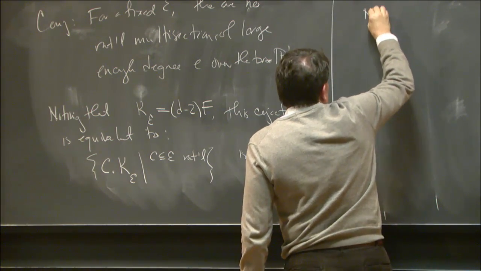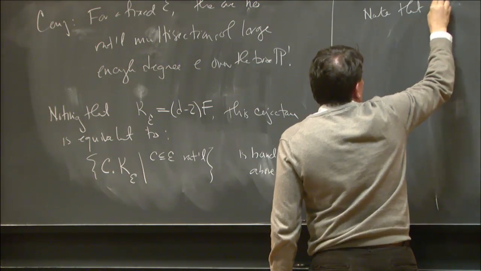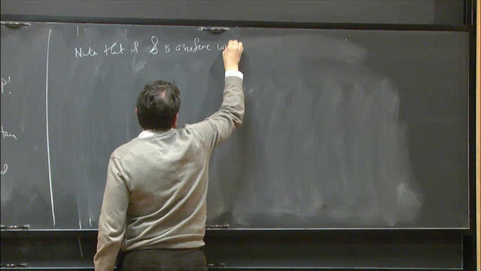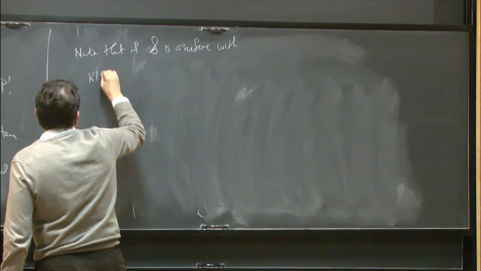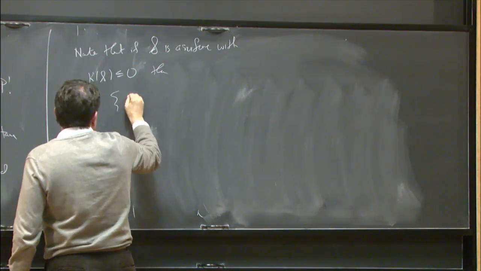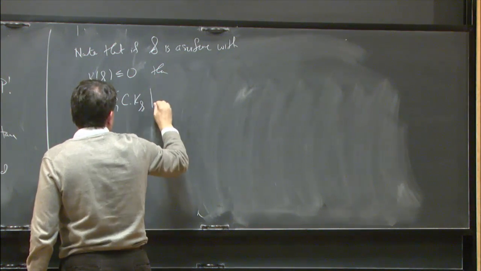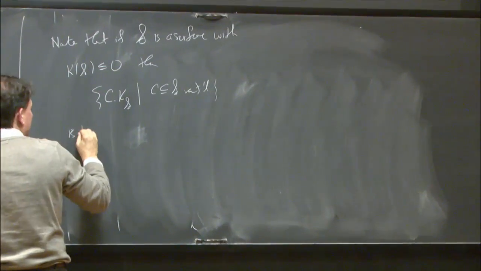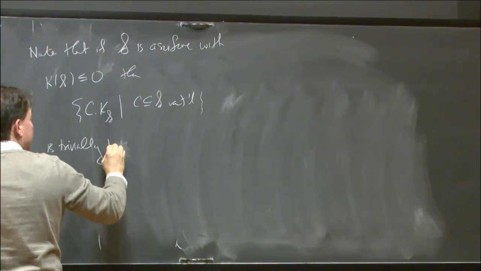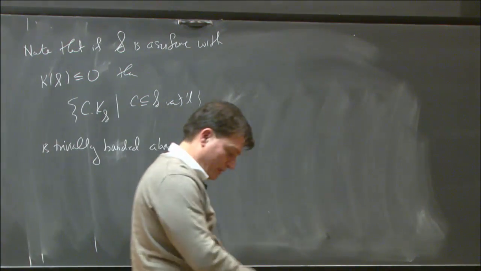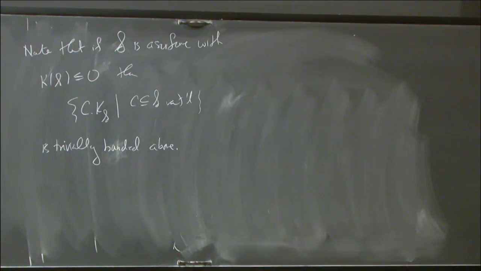So let's note that if S is a surface with Kodaira dimension of S less than or equal to 0, then the set of things like this, K_S dot C with C inside S rational, is trivially bounded above because if K is trivial, all these numbers are 0, and if K is anti-ample, then they're certainly bounded above.